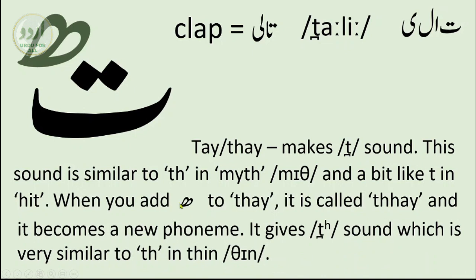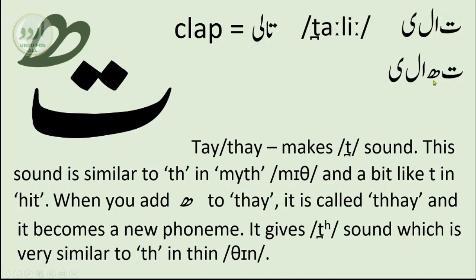When you add the do chashmi hai to te, it's called the, and it becomes a new phoneme. It gives th sound, which is in fact very similar to th in the English word thin. So let's make a word.